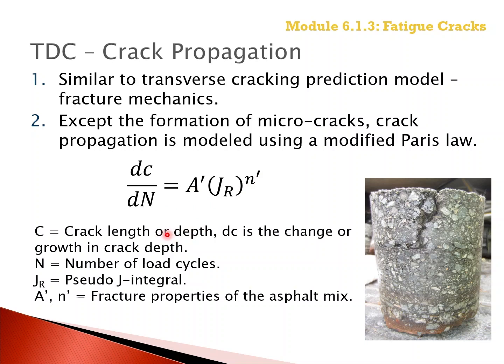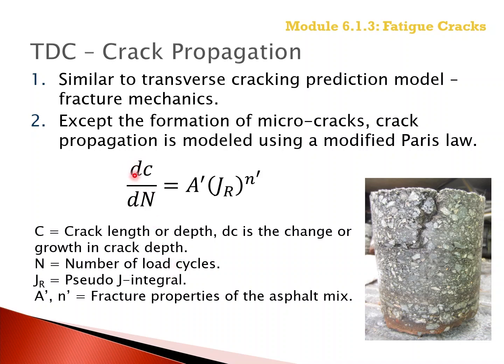So the pseudo JNR integral and the fracture parameters are used to define the change in crack depth versus the increase in the number of load applications over a specific time interval.